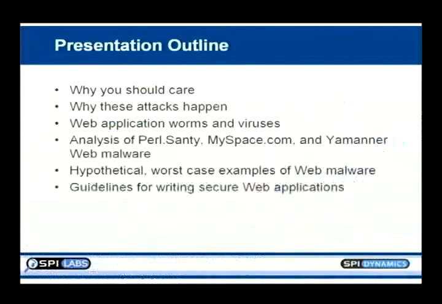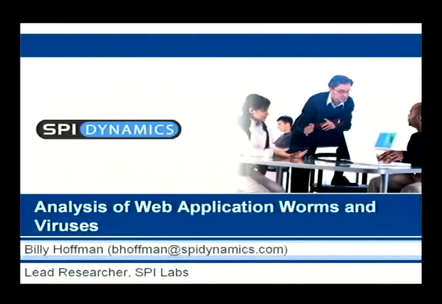Okay, so what am I going to be talking about today? Well, as the title slide said, we're going to be talking about web application worms and viruses, basically JavaScript malware. What are all the nasty things I can do with JavaScript, and even talk about other types of worms that exploit web applications. Perl.santy, there's been some other self-propagating attacks.